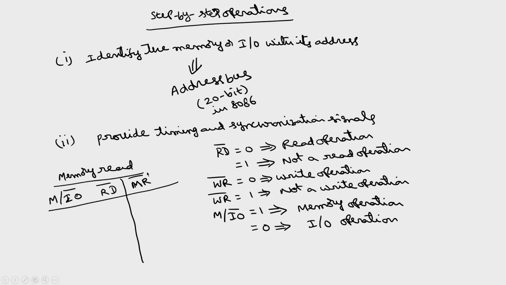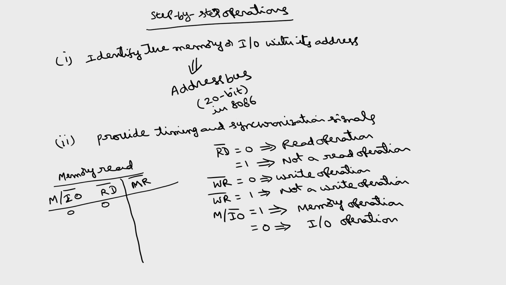I am generating memory read also as an active low signal. Memory read bar is 0 means it is a memory read operation. If it is equal to 1, it is not a memory read operation. There are 4 combinations here. If M by I O bar is 0 and read bar is 0, is this the memory read operation? If it is a memory read operation, the memory read bar should be 0, otherwise memory read bar is 1.